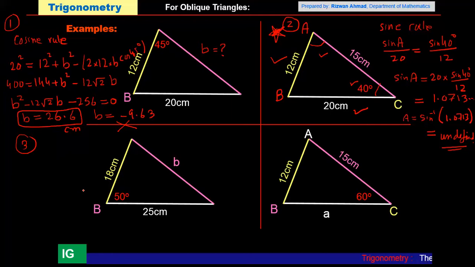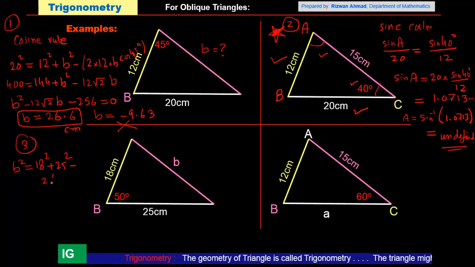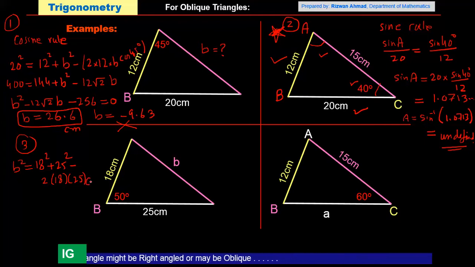We can start with the side opposite to the 50-degree angle, so it will be b square. B square is equal to the sum of the squares of the other two sides, 18 square and 25 square, minus 2 times 18 times 25 into cosine of the angle 50.